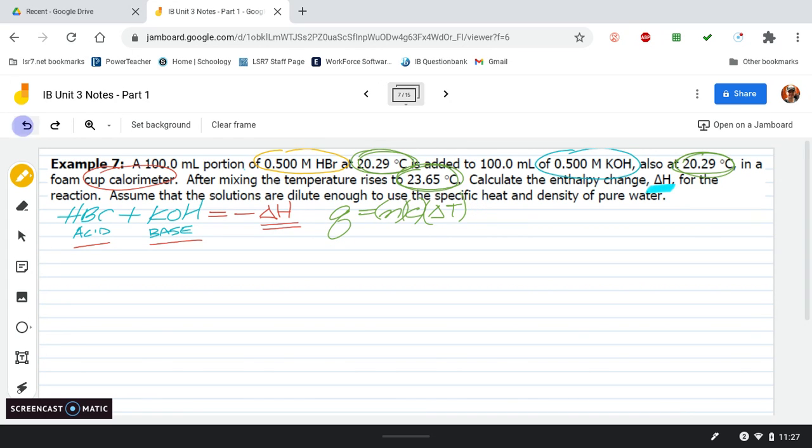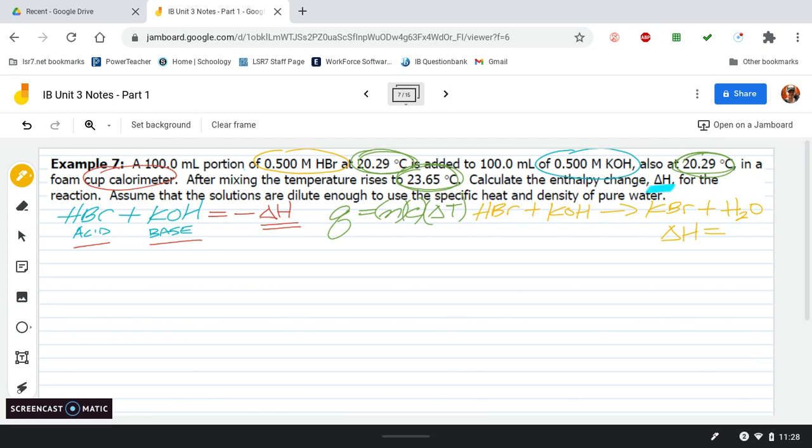It's going to be HBr plus KOH, and that's going to equal KBr plus water. And what we're looking for is the delta H that comes after the formula. So we're looking for that.